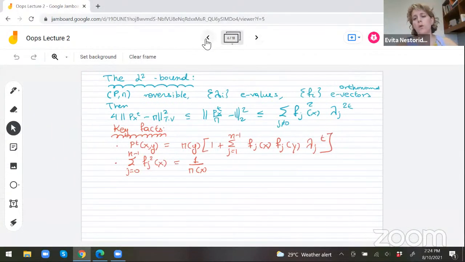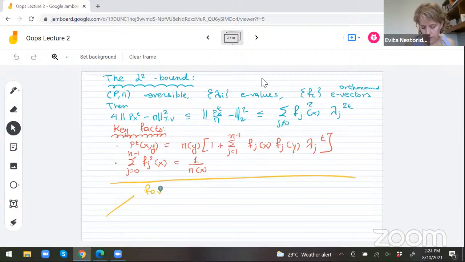If we look at this L2 bound, there are two ways to go. Either you care about your favorite Markov chain. So you have a specific example you want to study for your own purposes. And then you need to diagonalize P to use the spectral information.